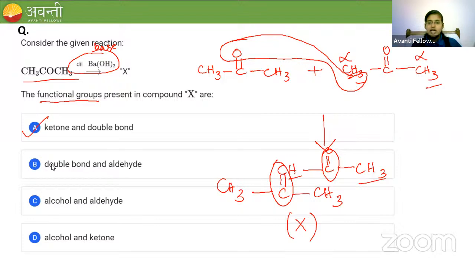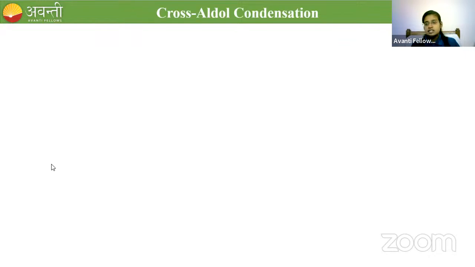So we are getting this product by doing aldol condensation. All right, now let's enter into the cross aldol condensation. What is the difference between aldol condensation and cross aldol condensation? In aldol condensation, the 2 molecules which we are taking are the same.